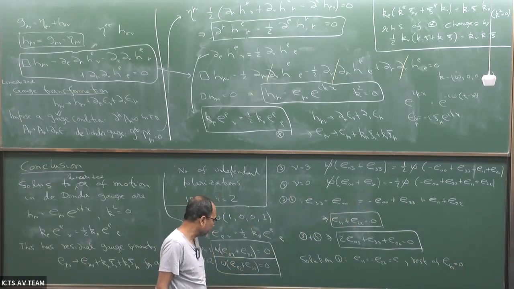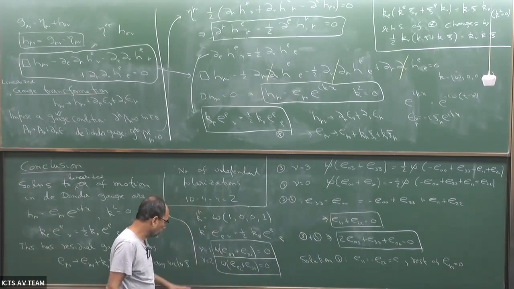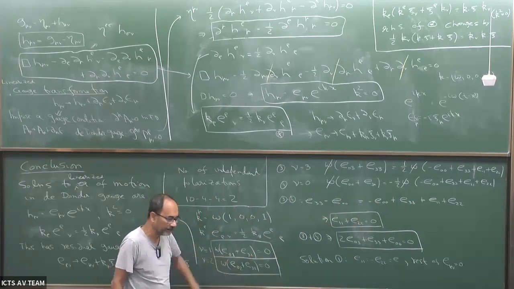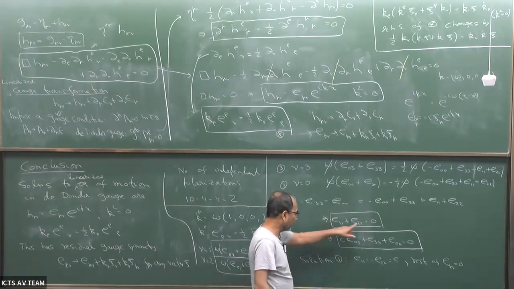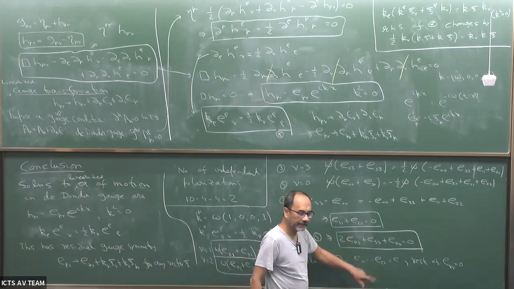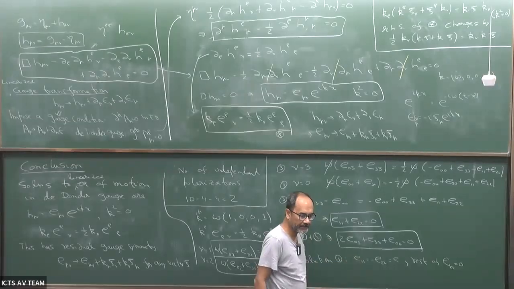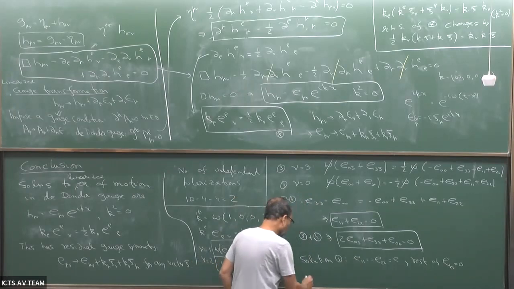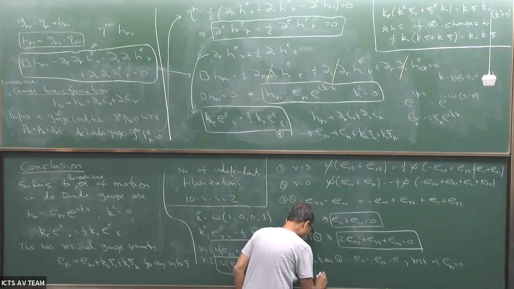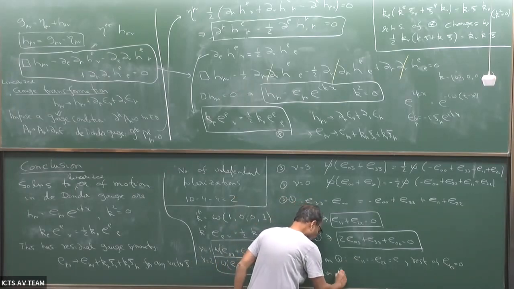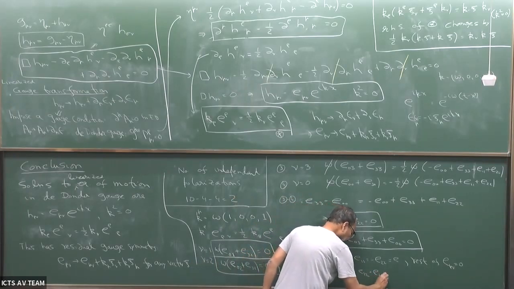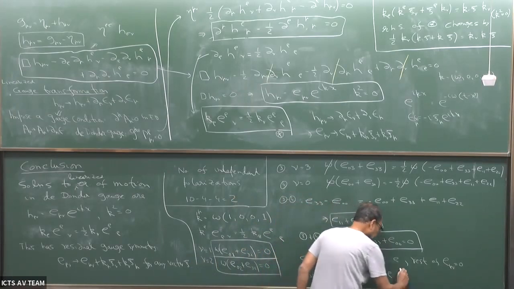Let's check if it satisfies these equations. This is okay, because these are all rest. This is okay because we have taken 2 to be negative of each other, and this is also okay. These are all rest of the e's. So this is one solution. Solution 2 is E12 equal to E21 equal to E, and rest are 0.